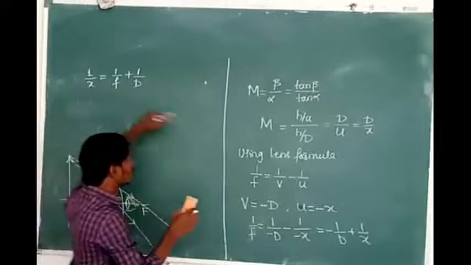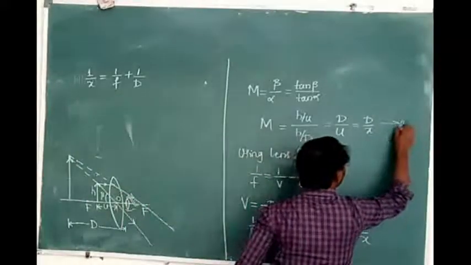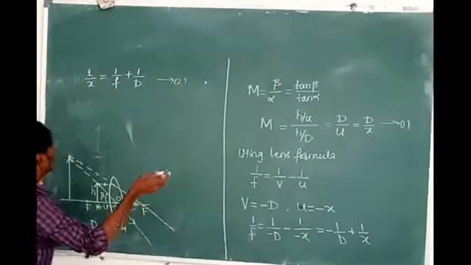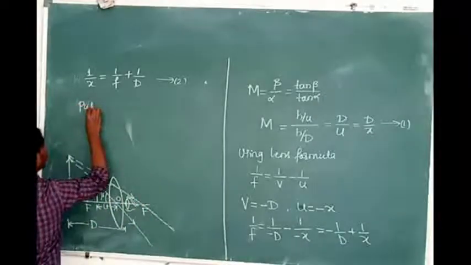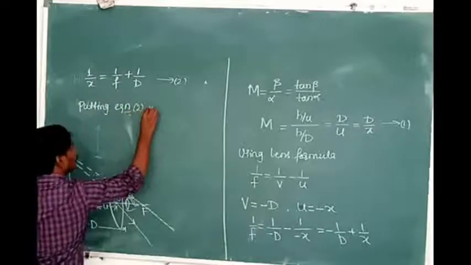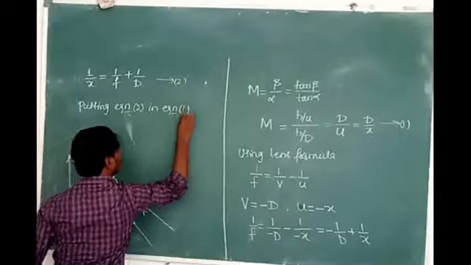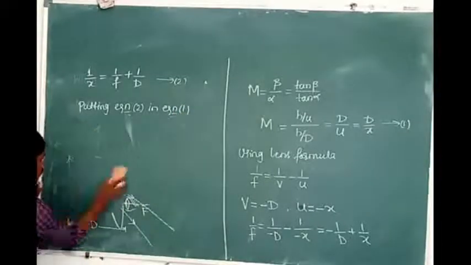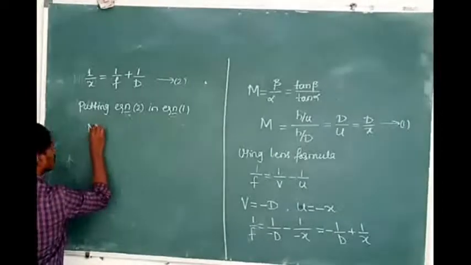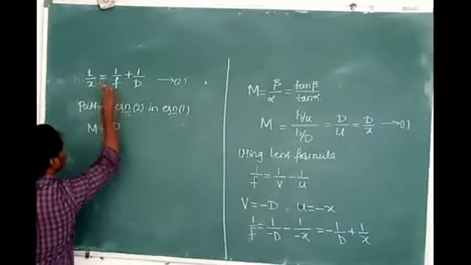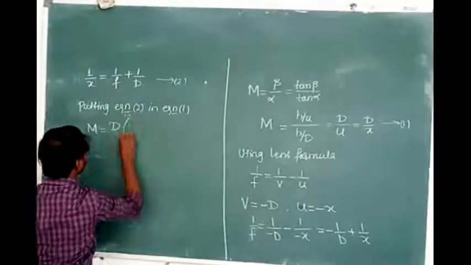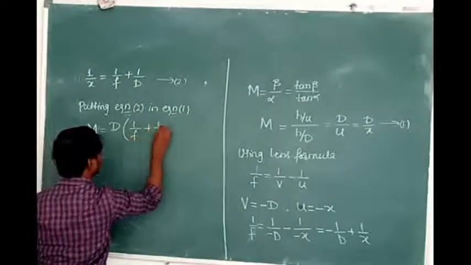Then putting this equation in this equation, I will take this as equation 1 and this as equation 2. Putting equation 2 in equation 1, then we will get m is equal to d by x, where 1 by x is 1 by f plus 1 by d.